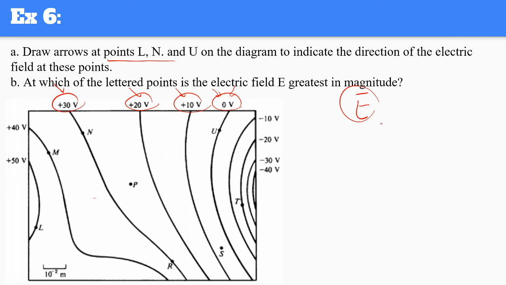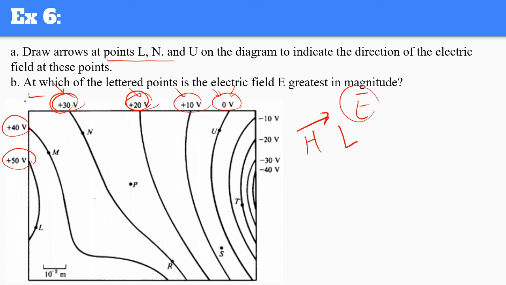So what was the relationship between the field lines and the potential lines? They were perpendicular to one another. That is rule number 1, but we are trying to figure out also a direction. And what was the rule for direction? The direction of electric field lines goes from high to low. So what do we see? We go from 50, 40, 30, 20.